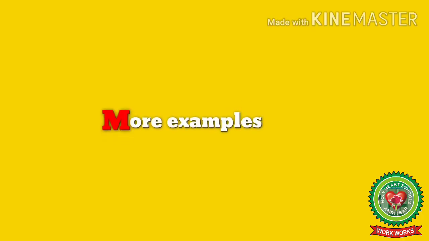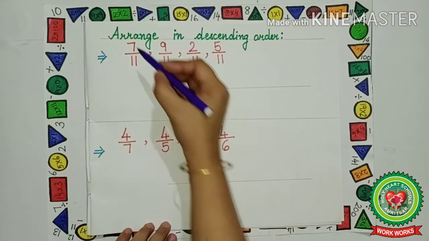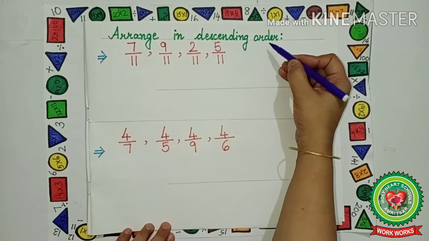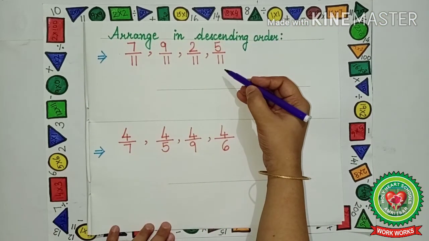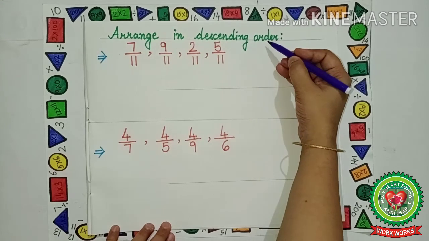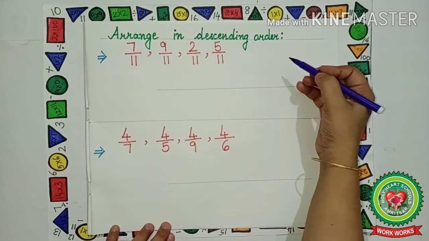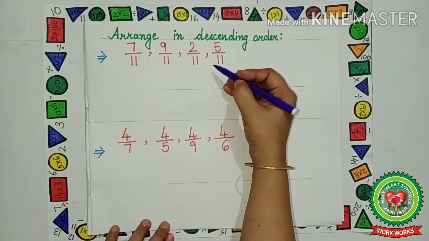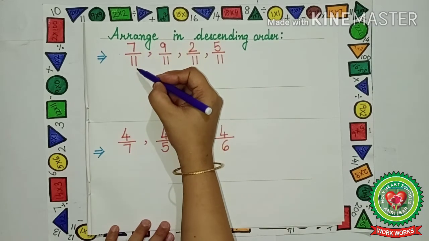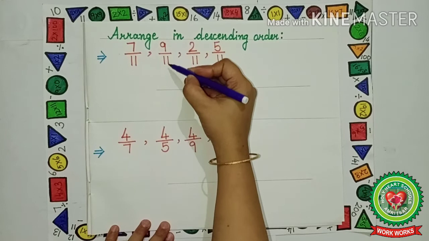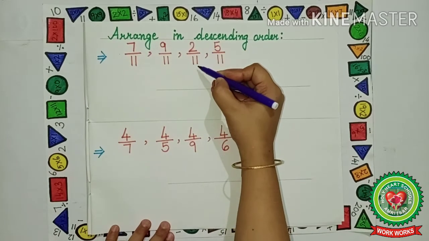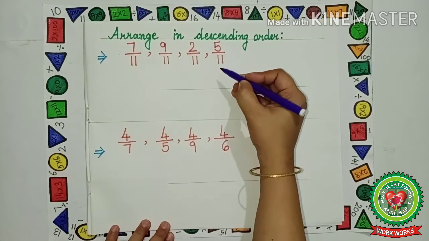Let's take some more examples. Arrange in descending order. We have to arrange these fractions in descending order, that is from big to small. Let us read the fractions: 7 upon 11, 9 upon 11, 2 upon 11, 5 upon 11.